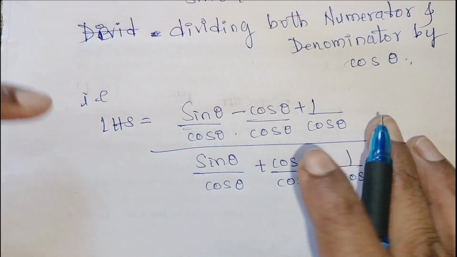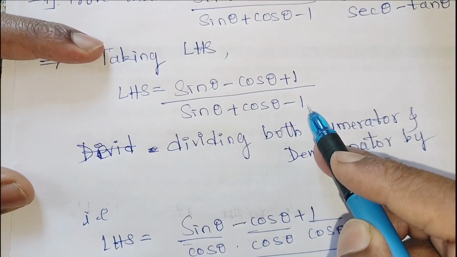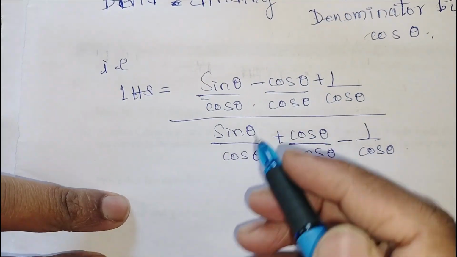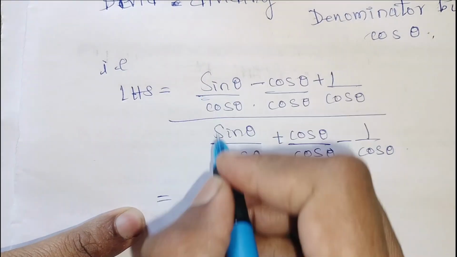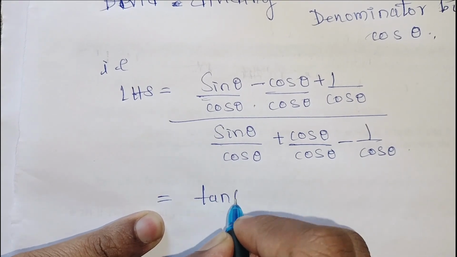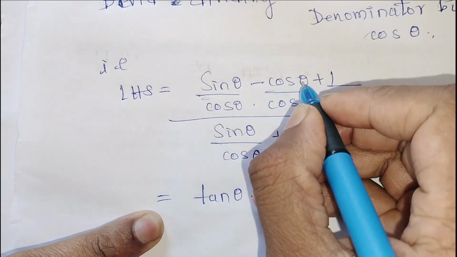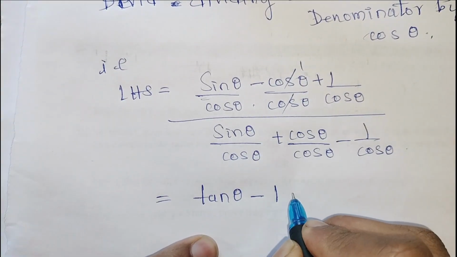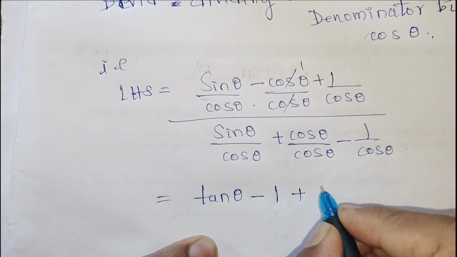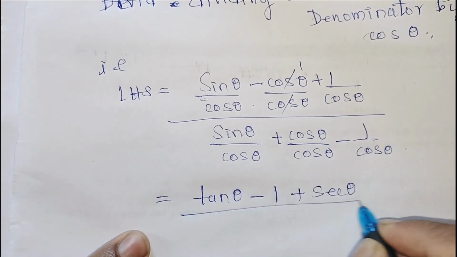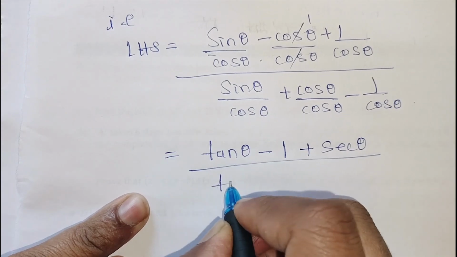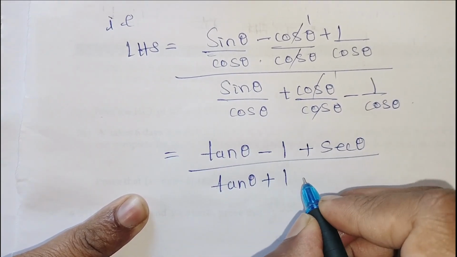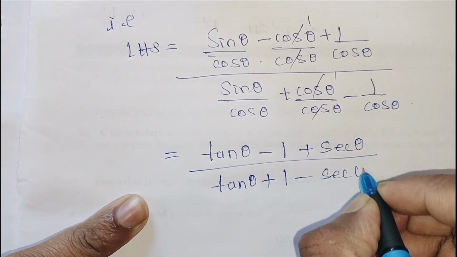We divided both the numerator and denominator by cos theta and arrived here, and sin theta by cos theta becomes tan theta minus 1. Cos theta cancels and it becomes minus 1, and plus 1 by cos theta is sec theta. Similarly, in the denominator, it is tan theta plus 1 minus sec theta.